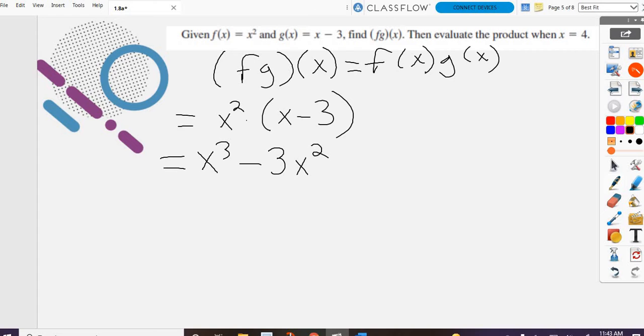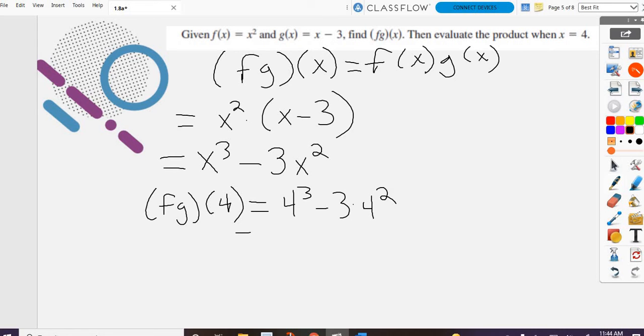The second part asks us to plug in, or evaluate. So we would have f times g of 4. Again, you could do this one of two ways. You could plug 4 into f and plug 4 into g and multiply them, but you get the same thing as if we just plug into our new function.